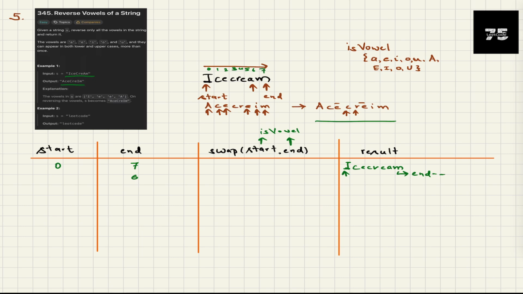I'm going to do end minus minus again. My end will point to A. Now my start is I, my end is A. Is it a vowel? Yes, it is. So we'll swap. So now it will become A C E C R E I M.